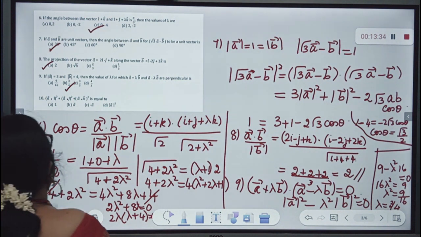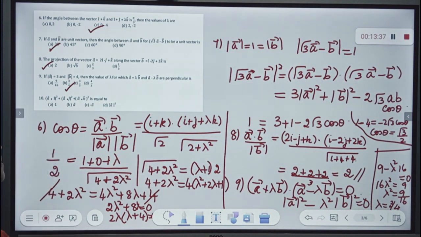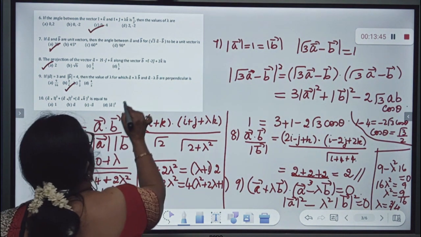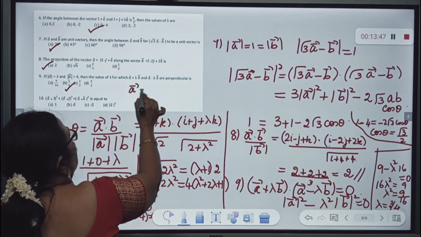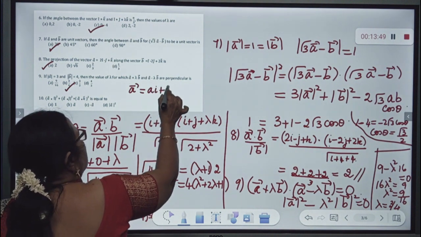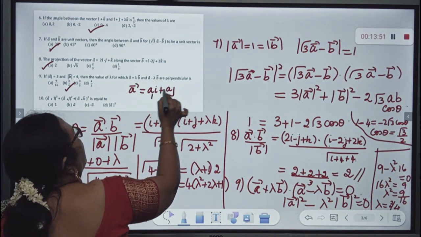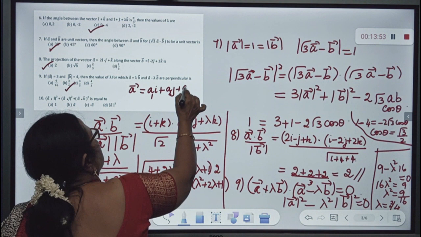Now look at the 10th question. You need to simplify A dot I the whole square plus A dot j the whole square plus A dot k the whole square. Okay, this is what we need to simplify. So let A vector be A1I plus A2j plus A3k.